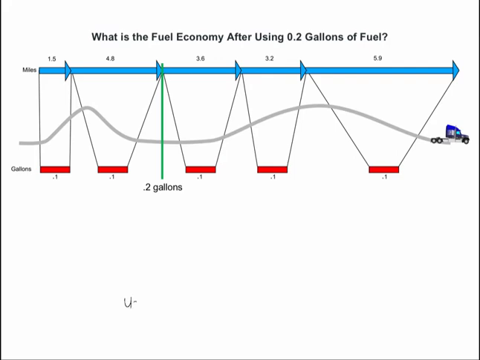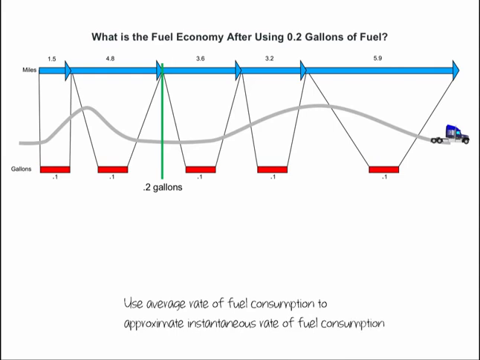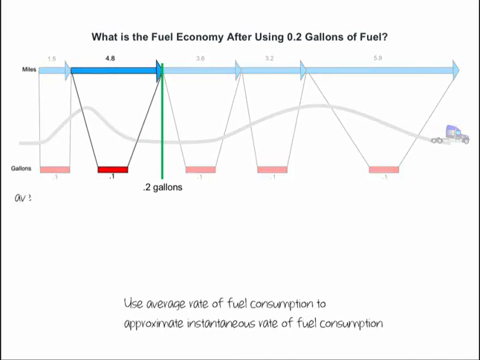The general method is to use an average rate over an interval to approximate the instantaneous rate. In this case, we'll use an average rate of fuel consumption over an interval of time to approximate the instantaneous rate of fuel consumption at 0.2 of a gallon. To start, we can find the average rate of fuel consumption over the interval right before the 0.2 of a gallon mark.